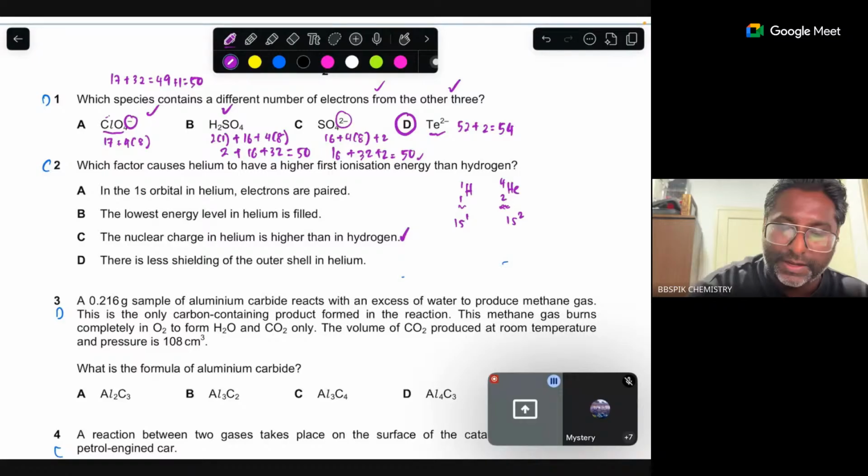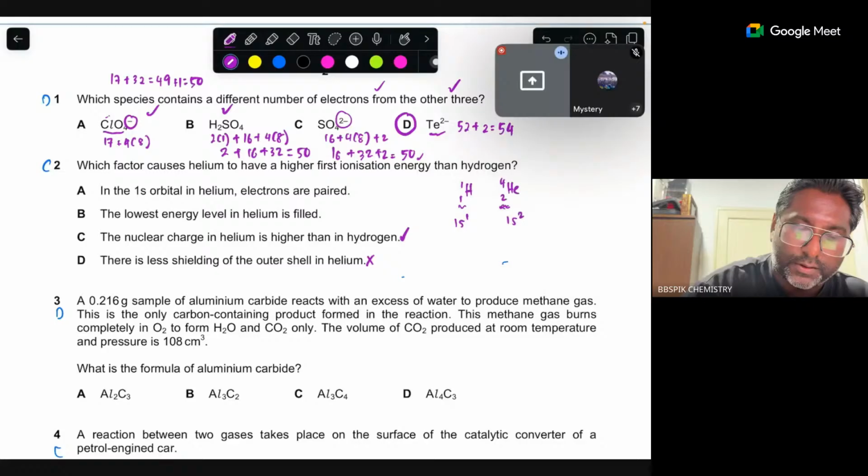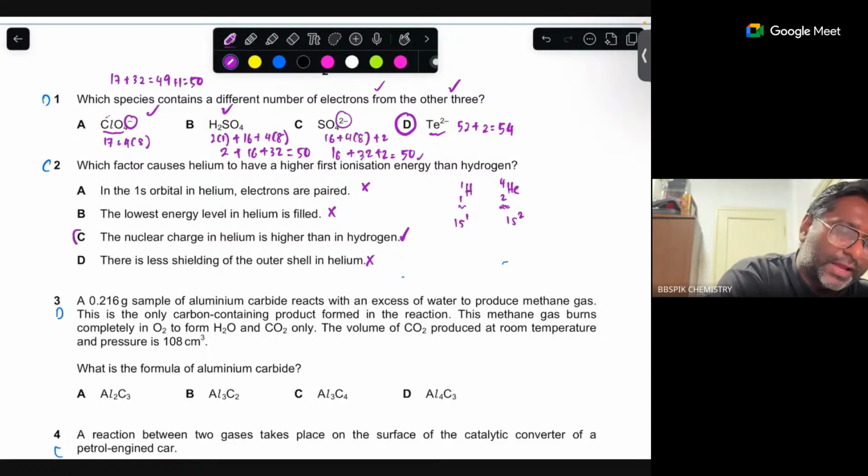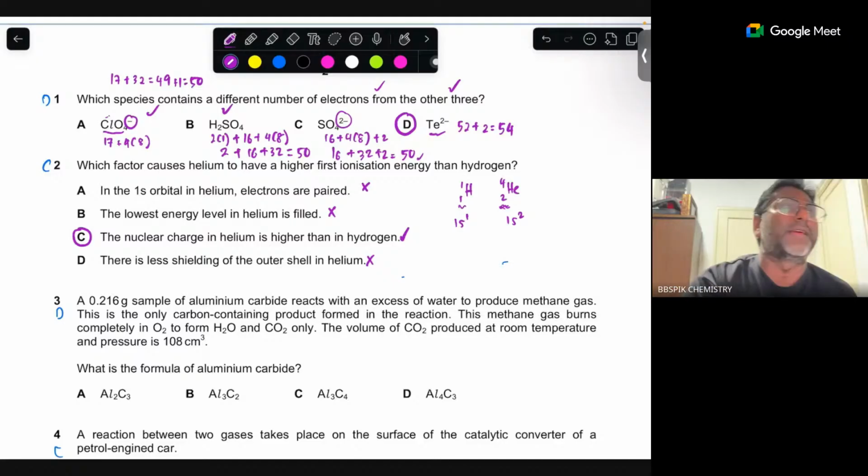So definitely the shielding effect is not going to be the answer. And then the lowest energy level is filled, 1s is paired, no, that will not be the answer. So the answer is C: nuclear charge in helium is higher than hydrogen.